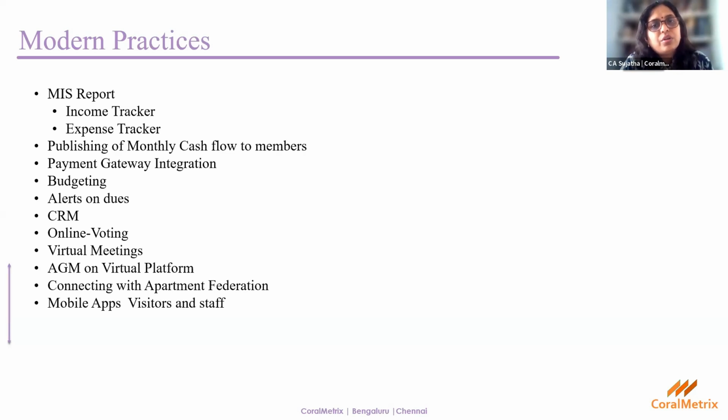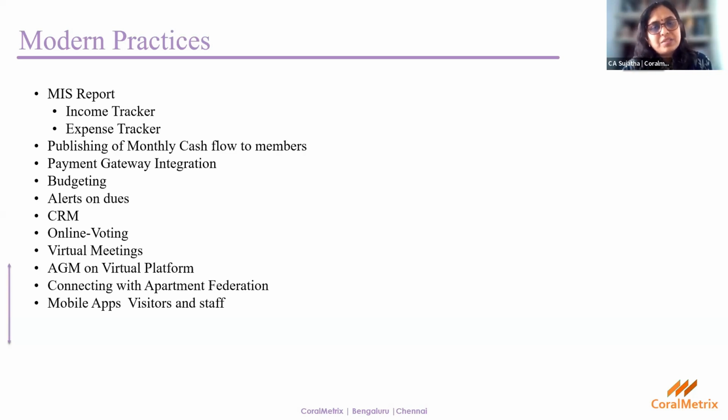And also, a new practice now is that voting happens online and the AGM also happens online. After COVID, these are all new inventions. Even the monthly meetings and board meetings happen in virtual mode, because the office bearers are already holding full-time employment somewhere, and this becomes their secondary responsibility.